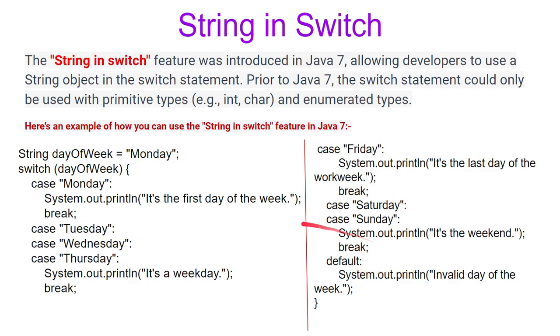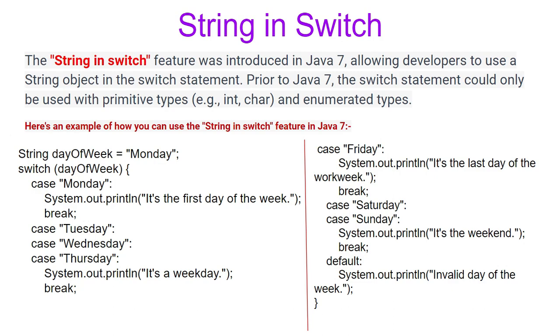This is very important, and it's one of the enhancements, because switch previously supported integer, character and similar values but not strings. In Java 7 it now supports strings also.